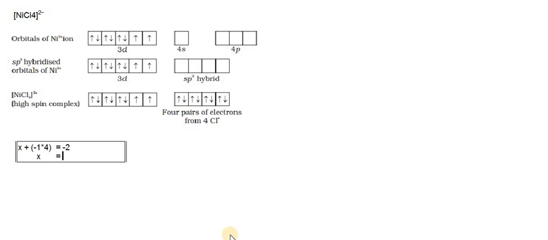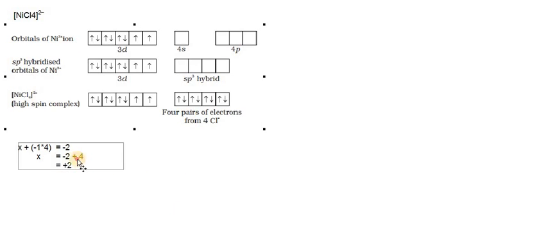X is equal to -2 plus 4, so that it gives us +4. So sorry, +2. So the oxidation state of nickel is +2.